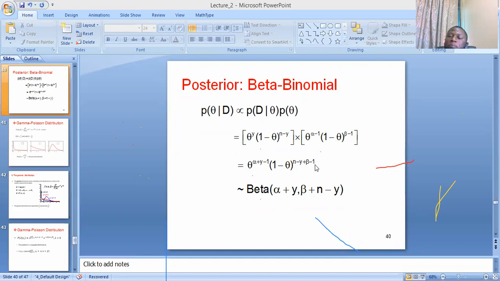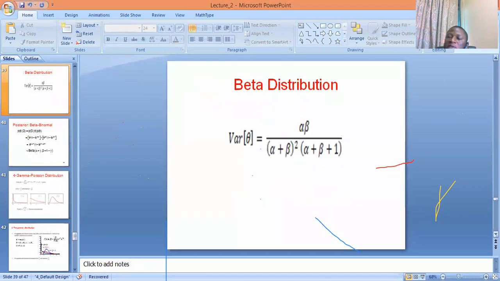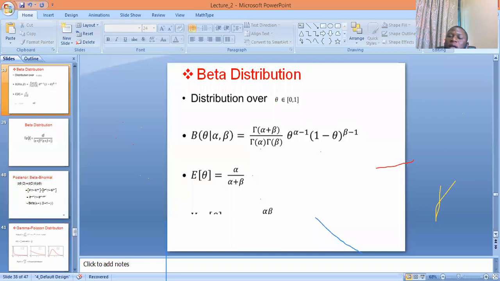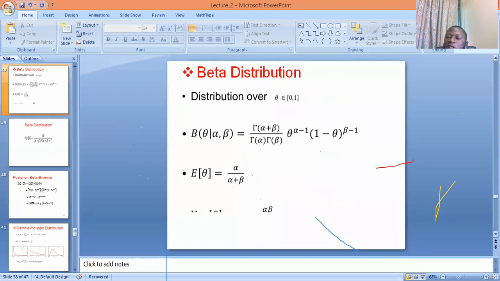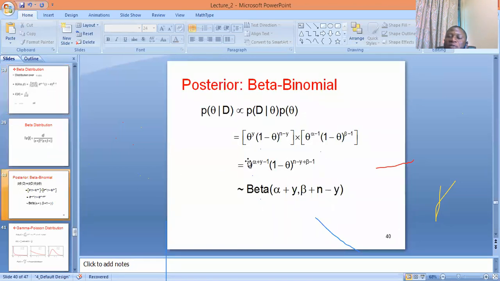Now, compare this to the previous beta distribution. Look at the beta distribution here. You have theta to the power alpha minus 1. And then when you multiply it under the posterior, you have theta to the power alpha plus y minus 1. So in this situation, what is different is just alpha plus y here.